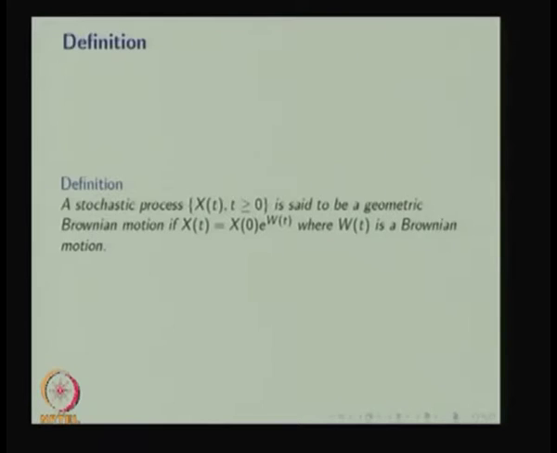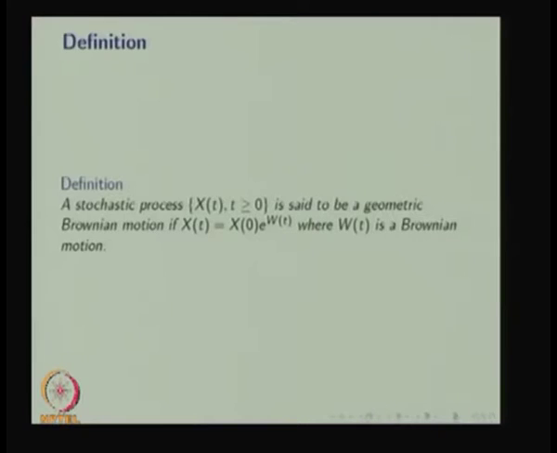The definition of a geometric Brownian motion. A stochastic process X of t, where t varies from 0 to infinity, is said to be a geometric Brownian motion if X of t is of the form X naught exponential of W of t, where W of t is a Brownian motion.